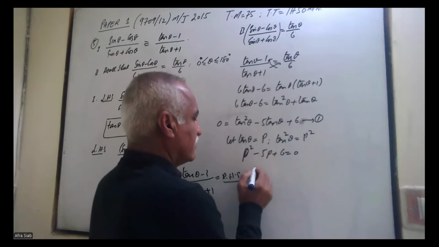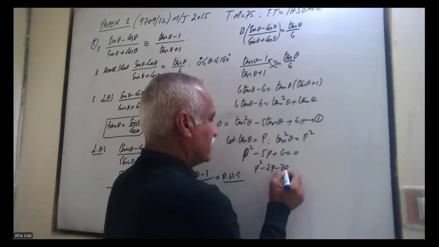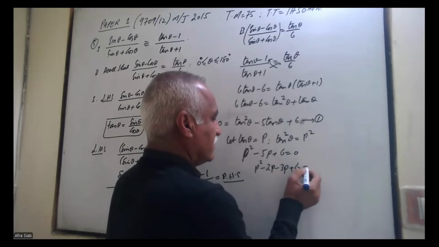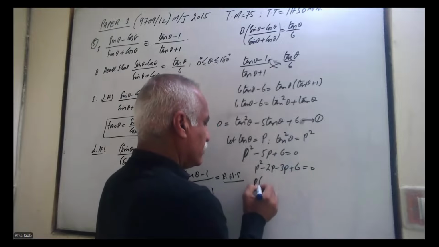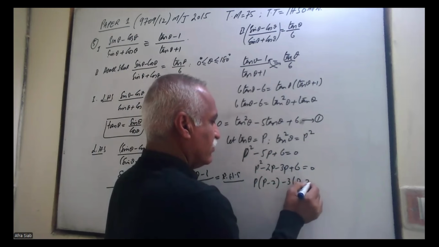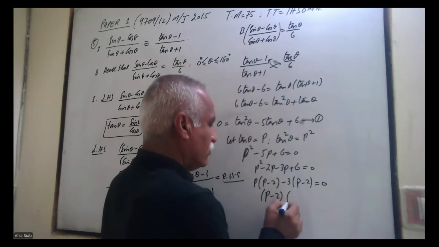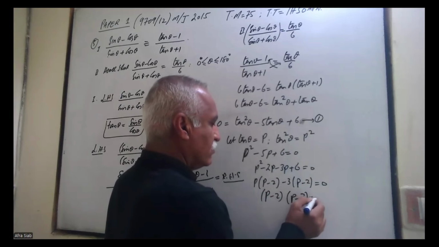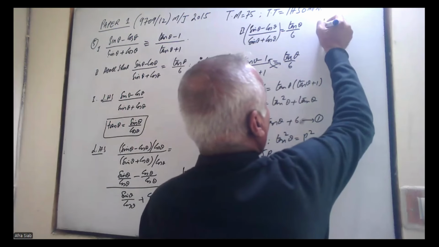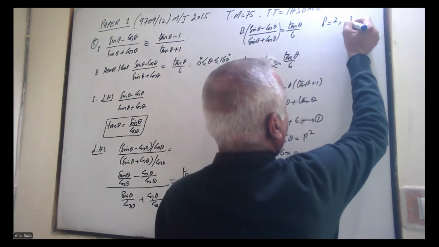If we factorize this, it will be P square minus 2P minus 3P plus 6 equal to 0. P is common, P minus 2 is common, so it will become P minus 2 into P minus 3 equal to 0. Then P value will be equal to 2 and 3.